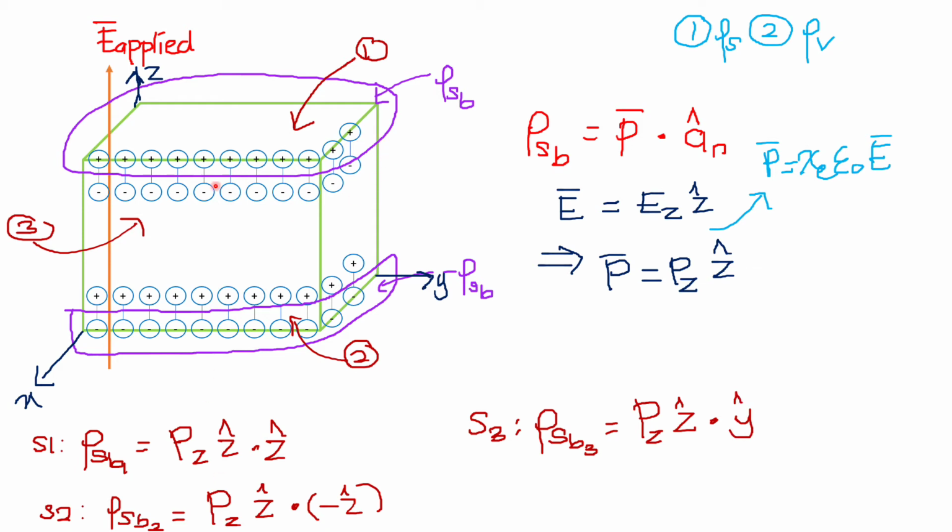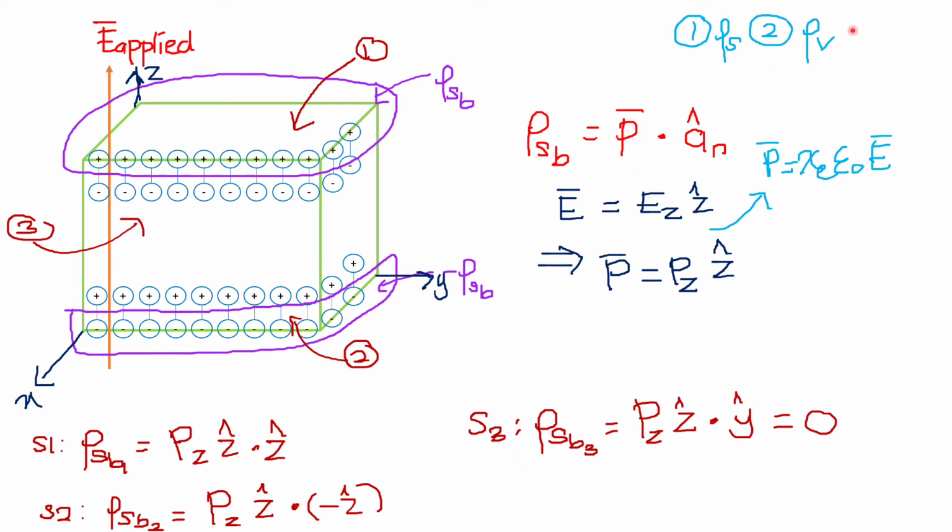Because this is surface number 3, and the unit vector will be in the y direction. When we have z dot y, this will be 0. So this one will equal 0. In other words, the surface charges that exist here are only surface charge number 1 and number 2. So now we already have the surface charge.